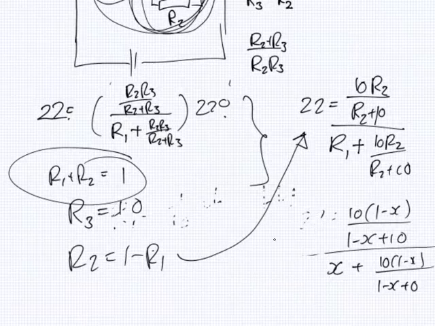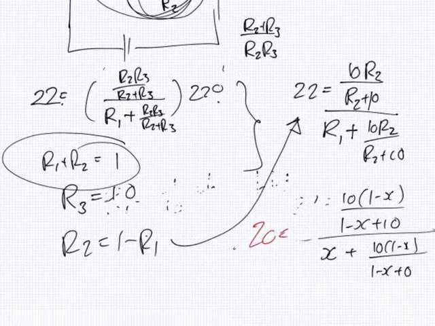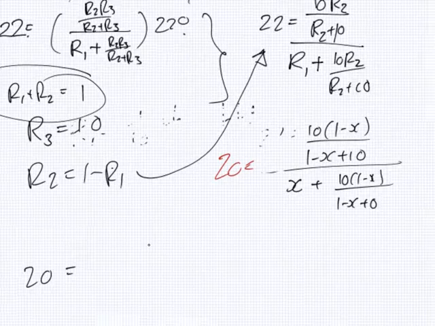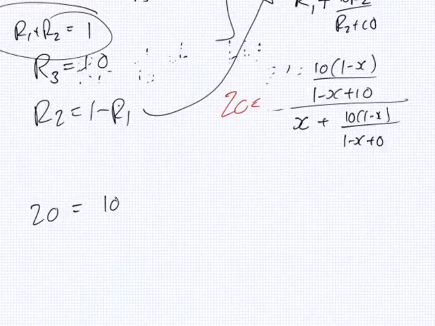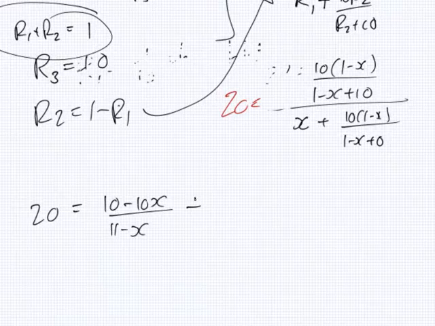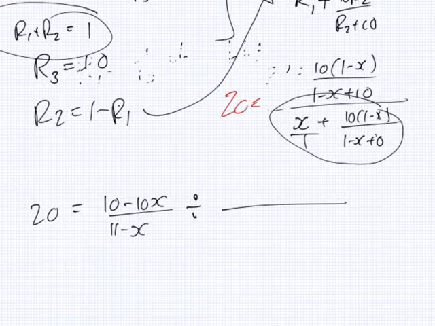Now actually, it isn't as bad as it looks once you start putting things together. Let's see, we have 20 equals 10 minus 10x over 11 minus x, divided by, and then we need to put this together. That's a 10. 10 plus 1 is 11 again. 11 minus x.